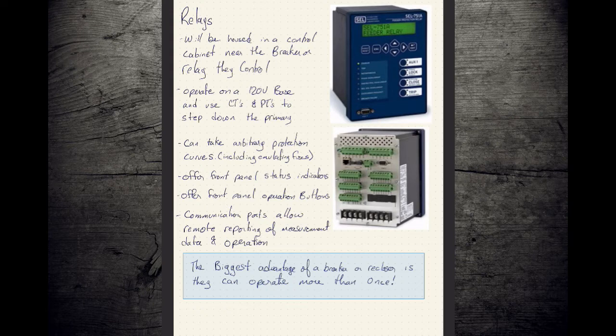So if we take a look at the relay itself, these could live in a control cabinet with either a breaker or a recloser. These guys typically operate on a 120 volt base, so whatever your primary is doesn't matter. You can buy the same relay because you're going to use some instrument transformers and make it into 120 volts. The instrument transformers will typically plug in back here along the top.